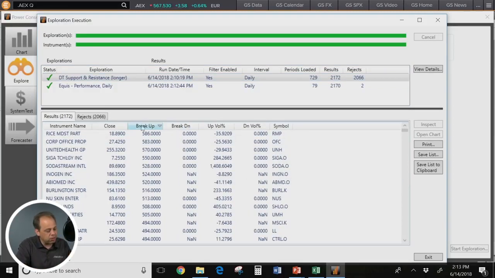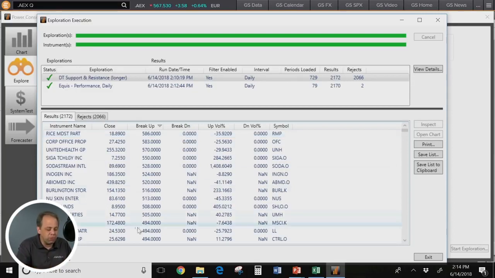If I sort on this column, you'll see that this one actually broke through resistance. This 586 means that happened 586 bars ago. Since we did a scan on a daily basis, that means it was about 586 days ago, which is a little bit more long-term than I want to be looking at.